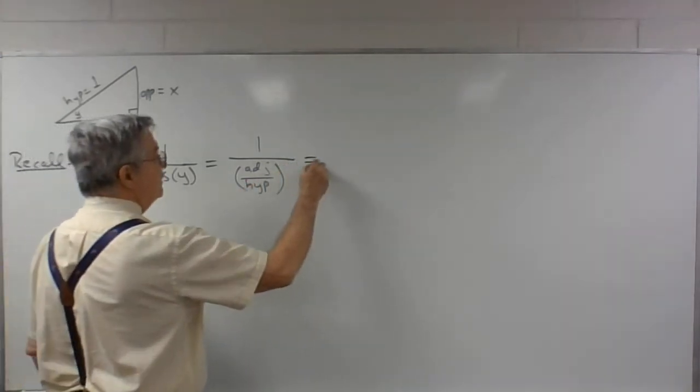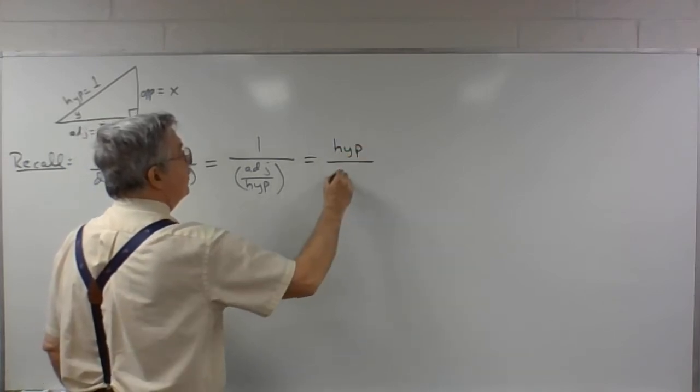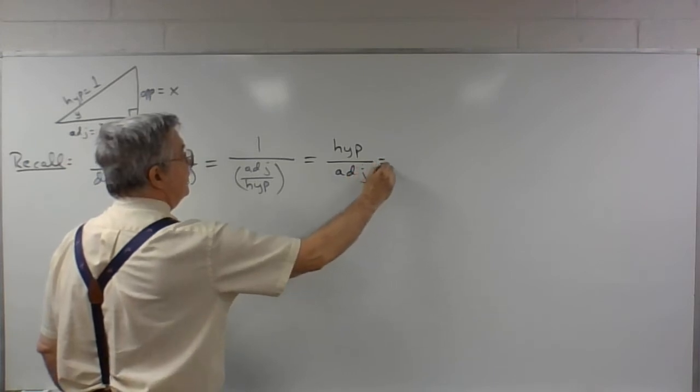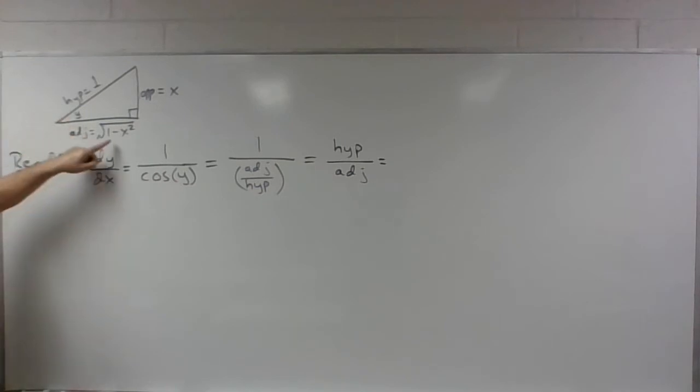And if I write that a little bit more simply, that's hypotenuse over adjacent. Hypotenuse is 1.